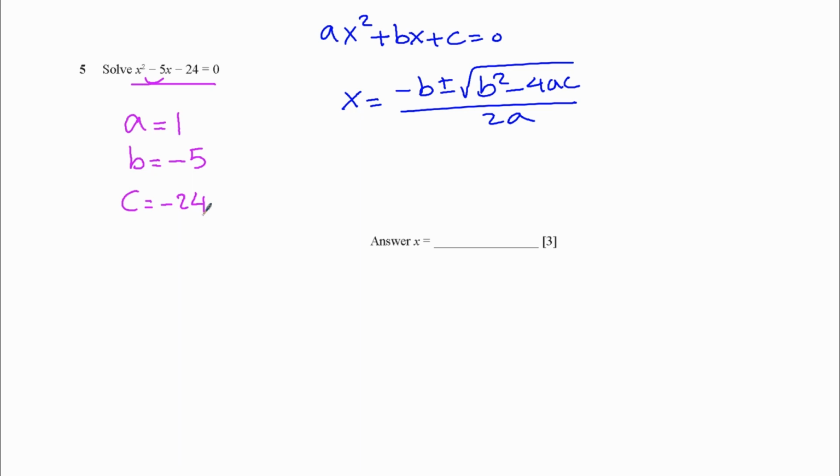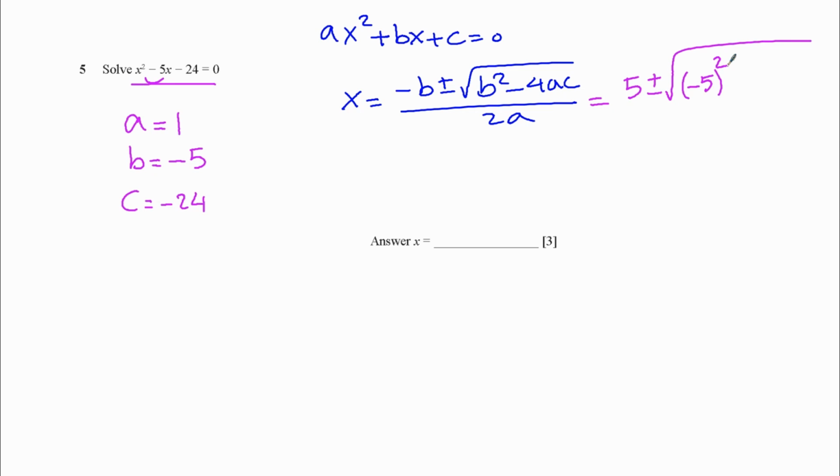So I'm going to put these values in. Minus b would be 5 plus minus square root of b squared, which is minus 5 squared. I'm just going to write the details, but you can just directly write 25. Because this is a video and I want to show the details, I'm going to write them. But when we have b squared and you have minus 5, so minus 5 times minus 5, 25, you can just write it down.